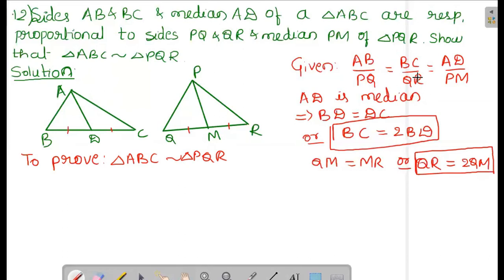Just see here, given is AB by PQ is equal to BC by QR. Proportionality of sides is given. If we prove one angle is equal, or another side is proportional to the respective side of the other triangle, then by SAS or by SSS we can prove ABC is similar to PQR.